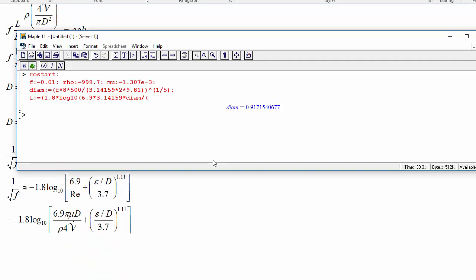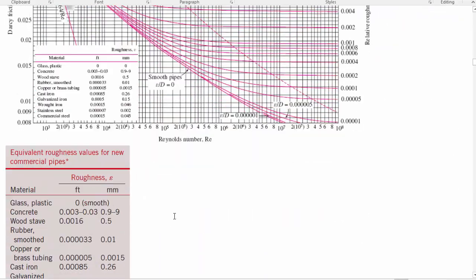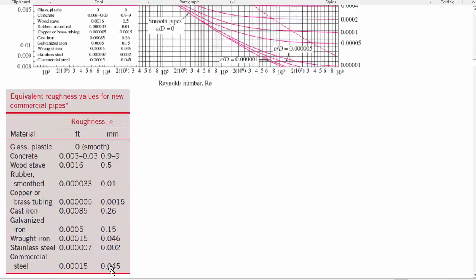So where were we? Divided by rho times 4 times 1 plus epsilon over d. So 0, the commercial steel roughness, 0.045 E minus 3.